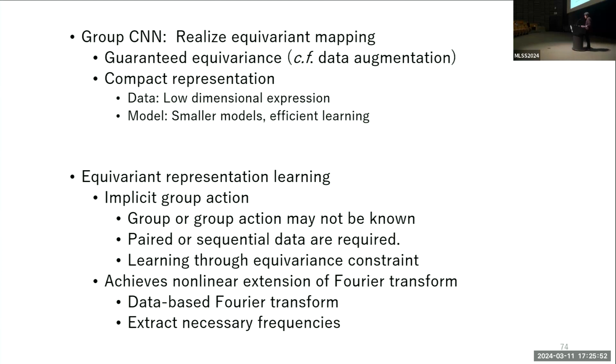Instead, we assume that we have paired or sequential data as an example of group action, and extract the information of group action using the group representation, which is a linear matrix multiplication of the latent variable. And this can be regarded as a data-dependent Fourier transform, which we call the neural Fourier transform.